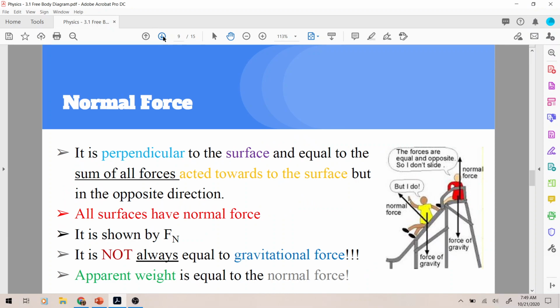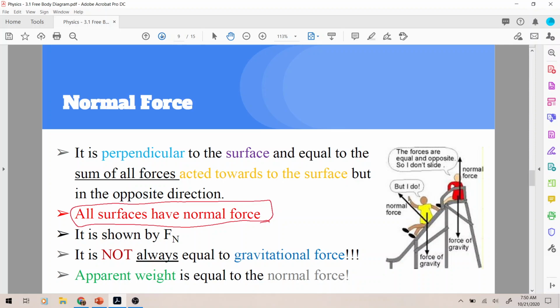The next one is normal force. This is the one that confuses the students the most. But the simple version of saying when do we have a normal force: when you have contact with a surface, you must have a normal force, because it is action-reaction between the surfaces.